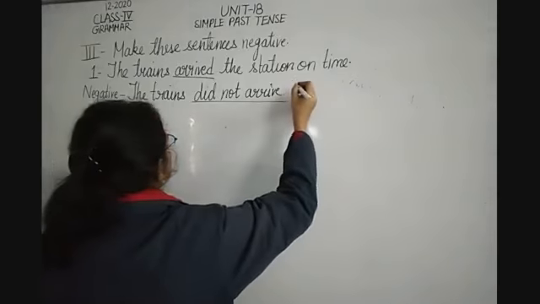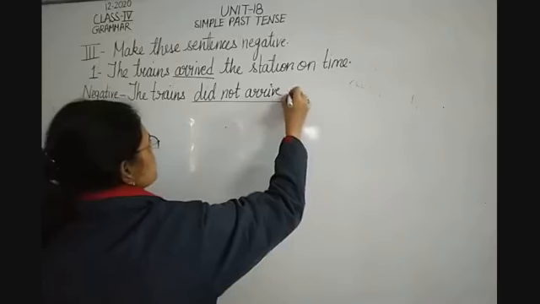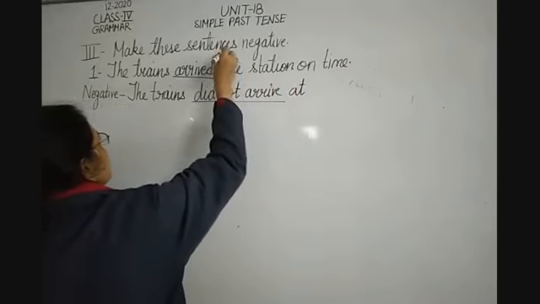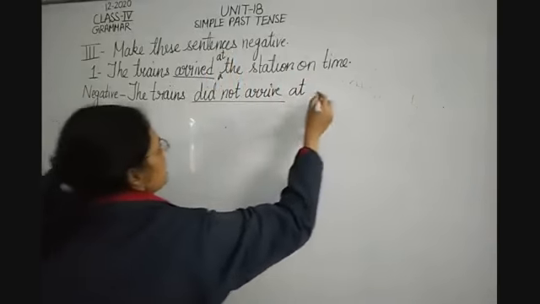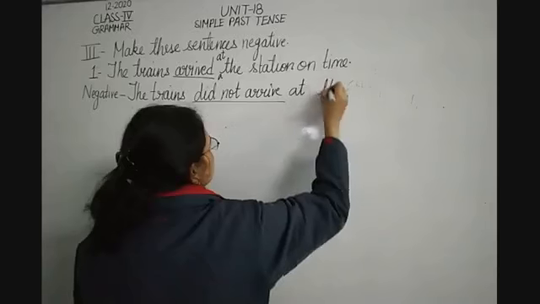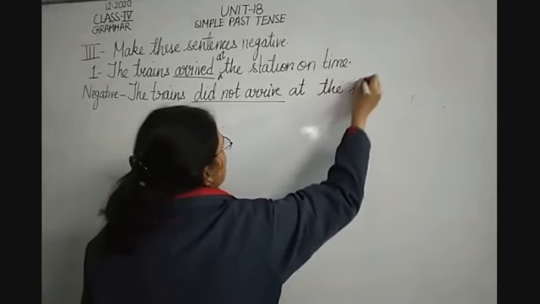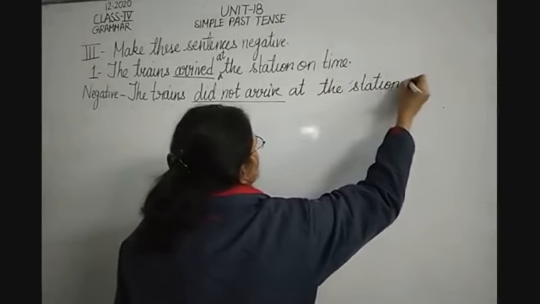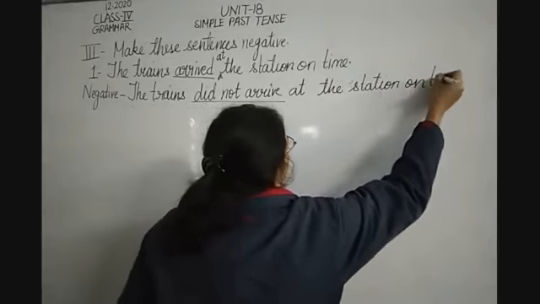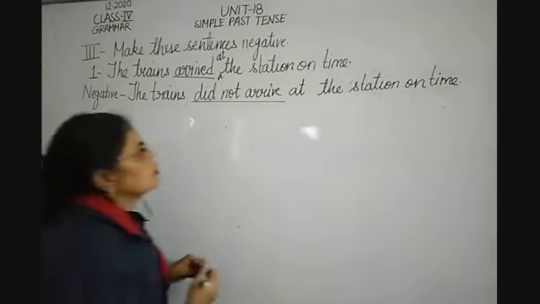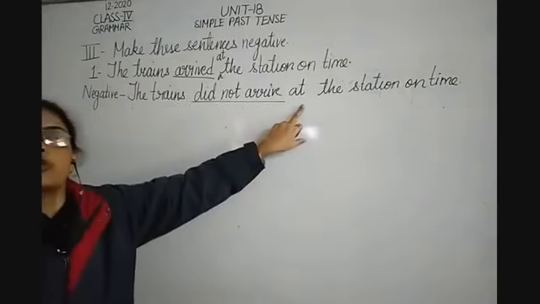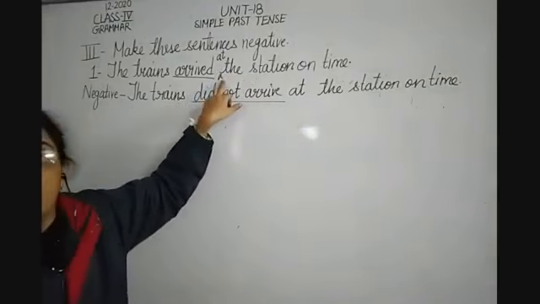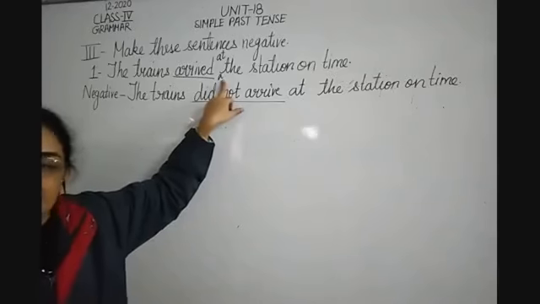In the book, children, at is missing. The trains did not arrive at the station on time. Misprint हो गया है. They have forgotten to add at. So you please add at. आप अपने सेंटेंस में add कर लीजिए.